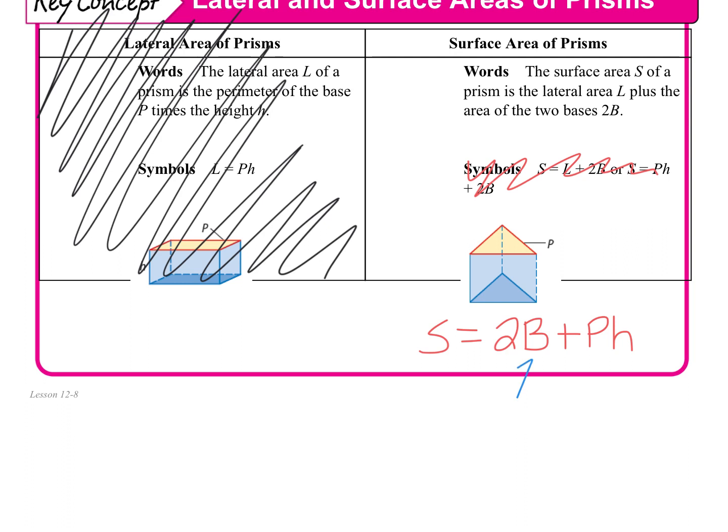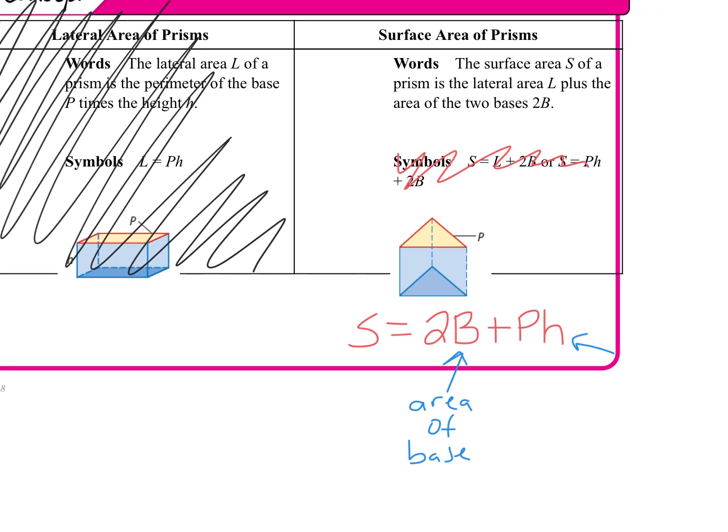What does capital B stand for? Area of the base. What does H stand for? Height. What do you think capital P stands for? Perimeter of what? Remember, capital B is the area of the base.